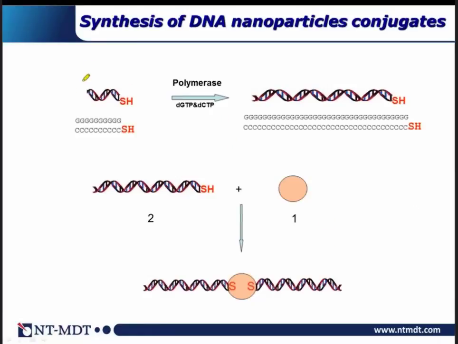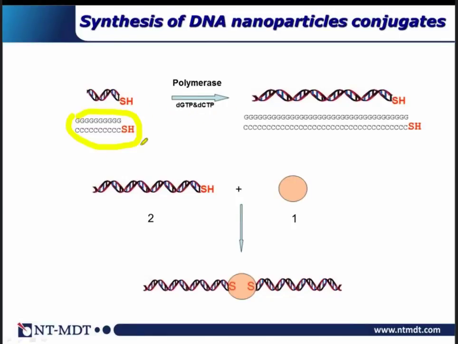In this one, we use the same strategy. We started the synthesis from a short template primer system, which in this case is the C strand or G strand, it doesn't matter, labeled with an SH group, sulfur atoms. Why sulfur? Because sulfur interacts very specifically and tightly with either gold or silver surfaces, or any metal surface. So we started this synthesis using the same experimental strategy.